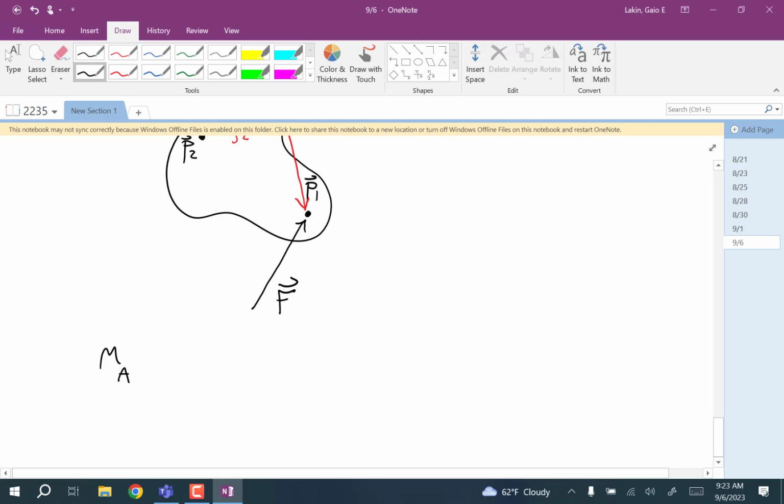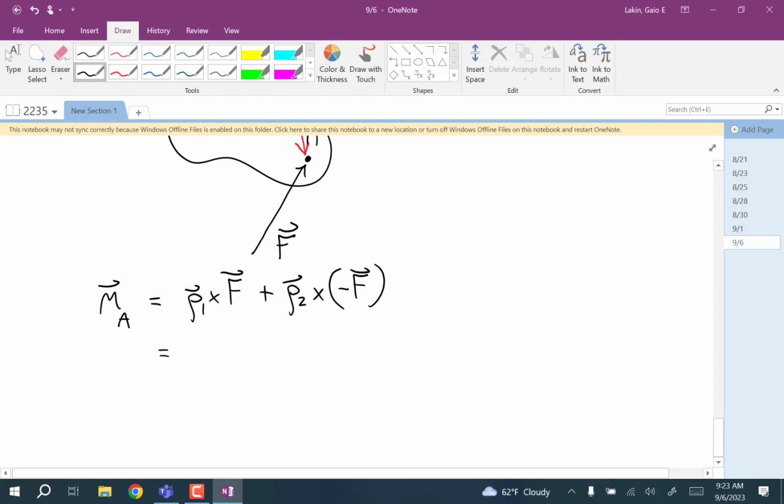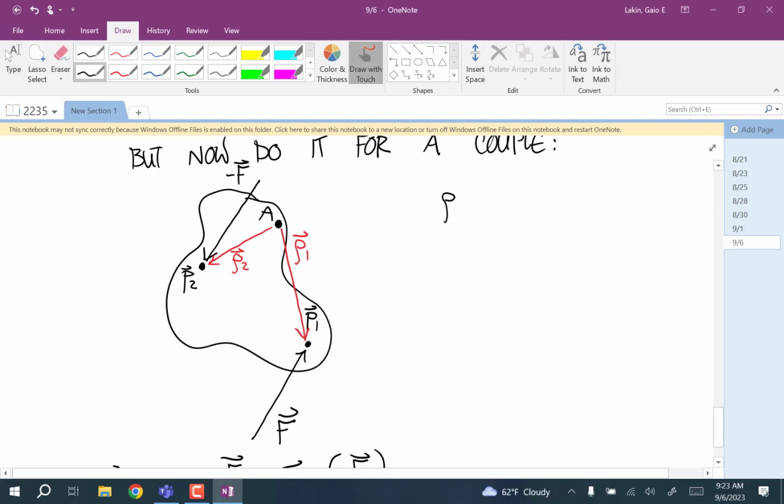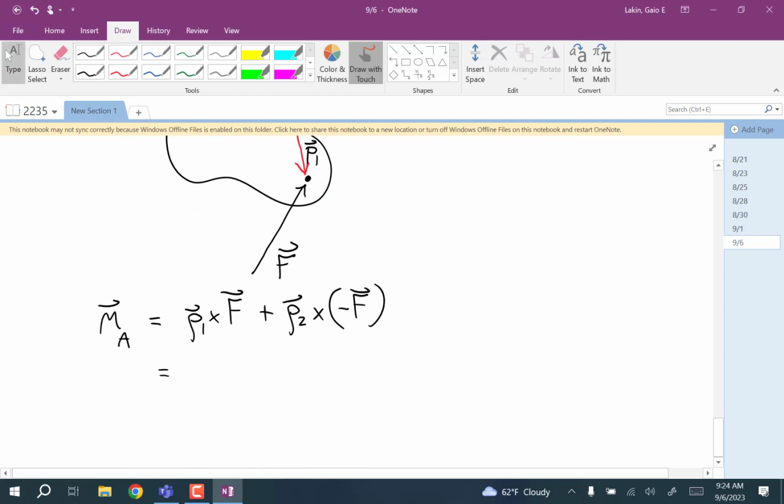But so let's say the total moment about A is equal to rho 1 crossed with F plus rho 2 crossed with negative F. Okay, and then substitute in, rho 1 is the coordinates of P1 minus the coordinates of A. And rho 2 is the coordinates of P2 minus the coordinates of A. So substitute those in.